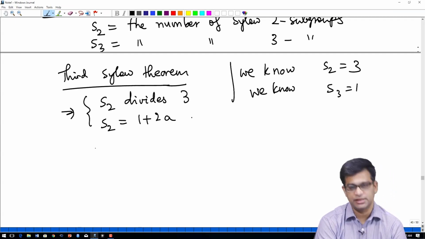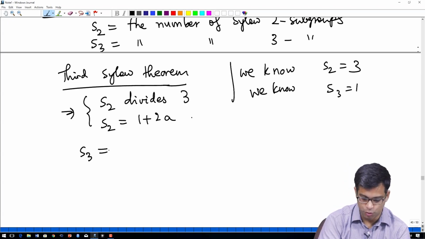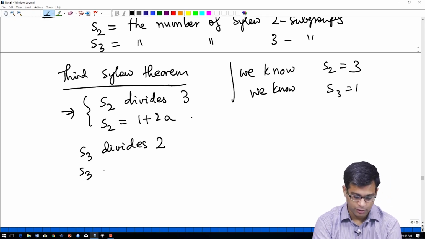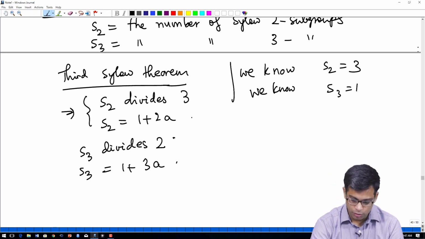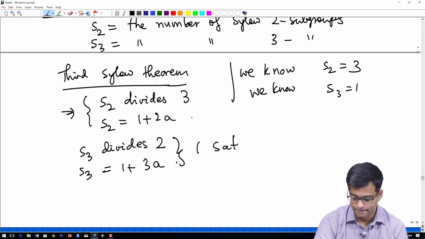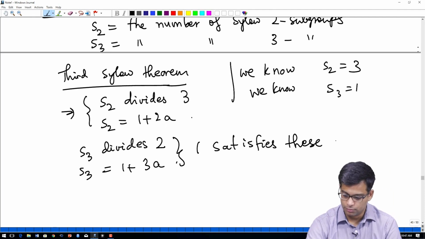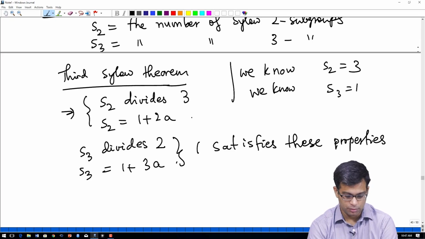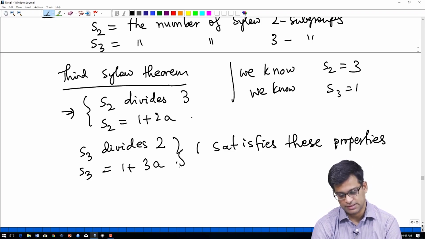So let us see if that is confirmed by the third Sylow theorem. S3 should be a divisor of 2 and S3 must also be 1 plus 3a. So 1 satisfies this, because 1 divides 2 and 1 is of the form 1 plus 3a.